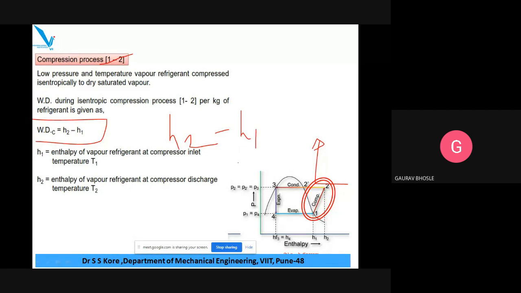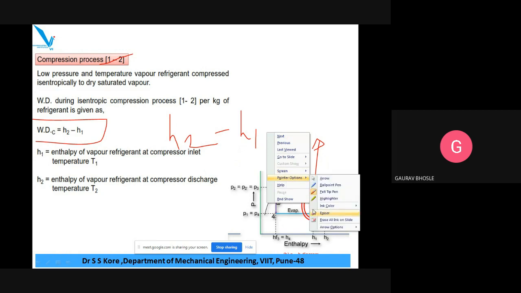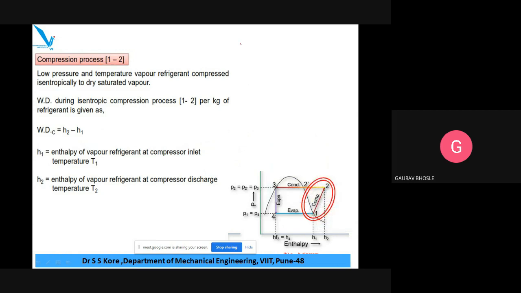Now H2 is the enthalpy of the superheated vapor and H1 is the enthalpy of the dry saturated vapor. So first, how to find H1? H1 is the enthalpy of dry saturated vapor.